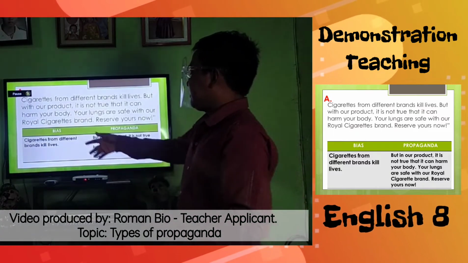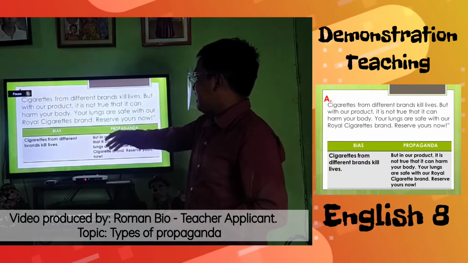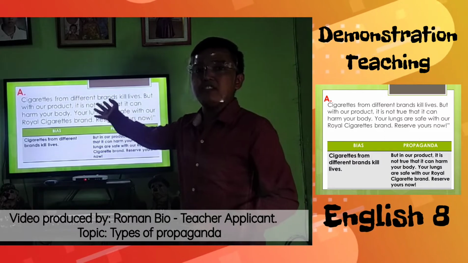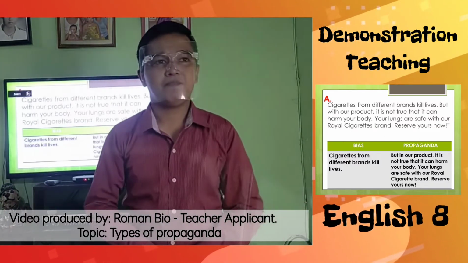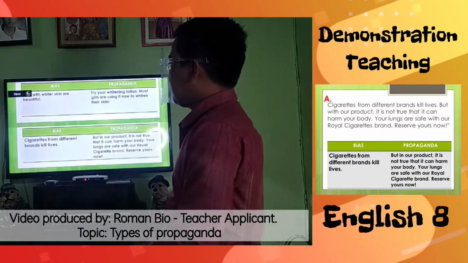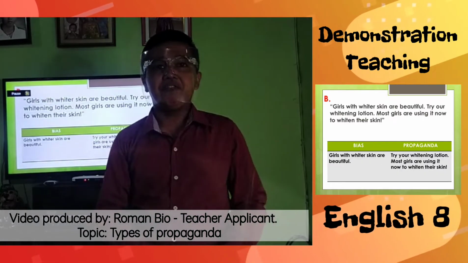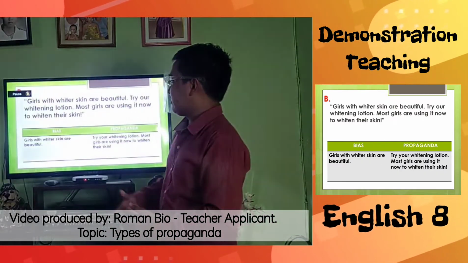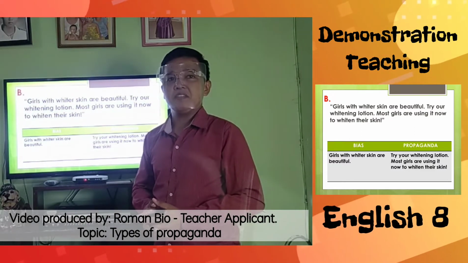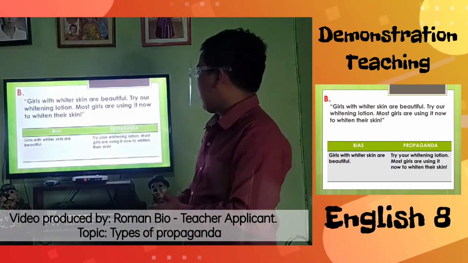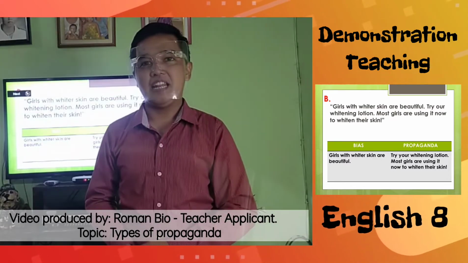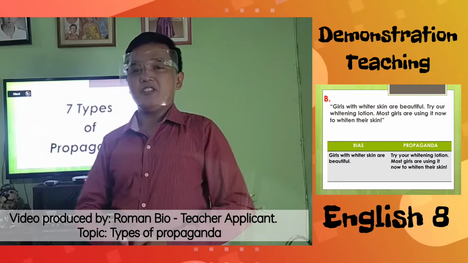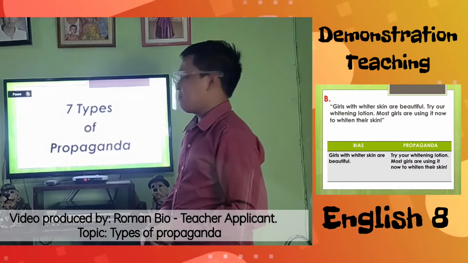So these are the examples of bias statement and propaganda statement based from statement number 1. Next. Trixie. Very good. For bias, girls with whiter skin are beautiful. And for propaganda, try our whitening lotion. Most girls are using it now to whiten their skin. Okay, so good job, Trixie and Bella.